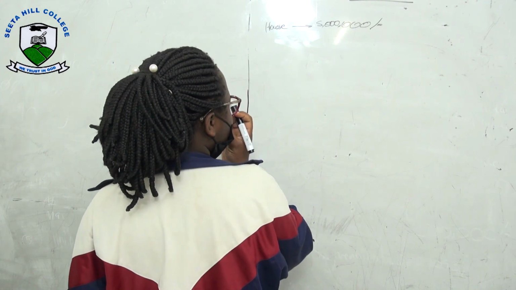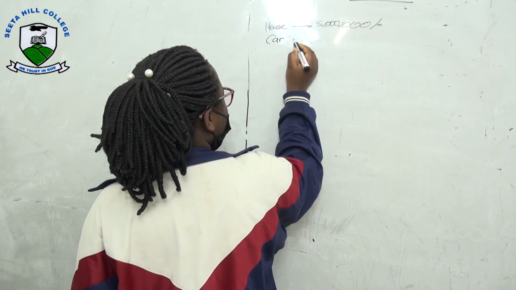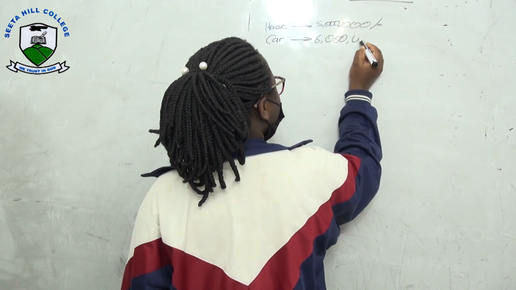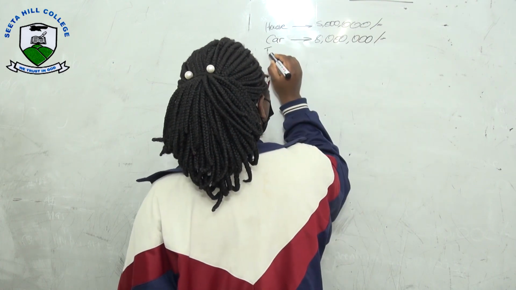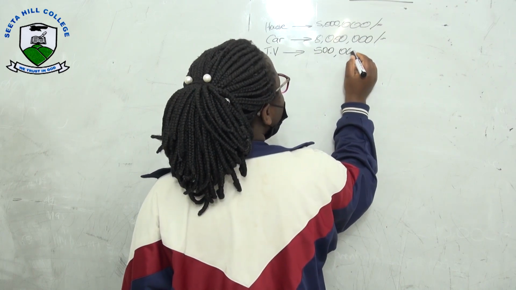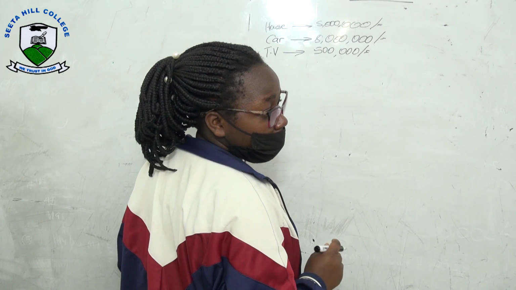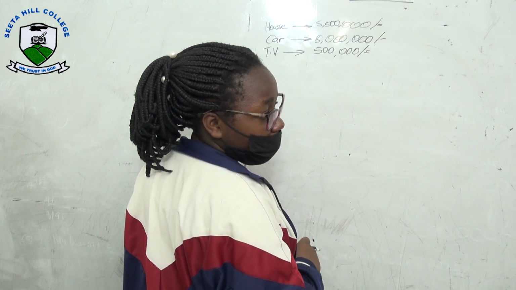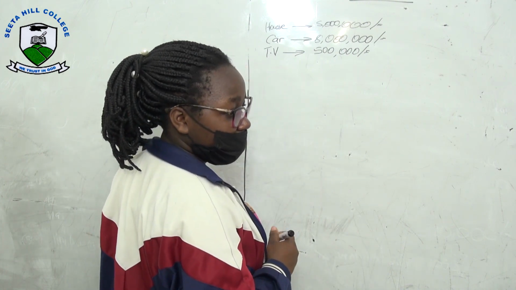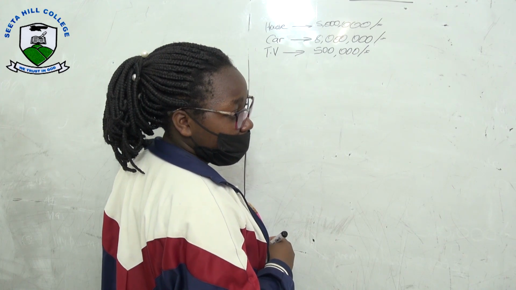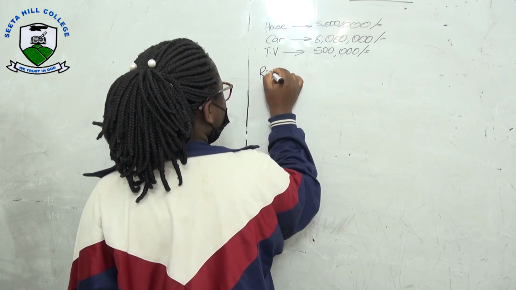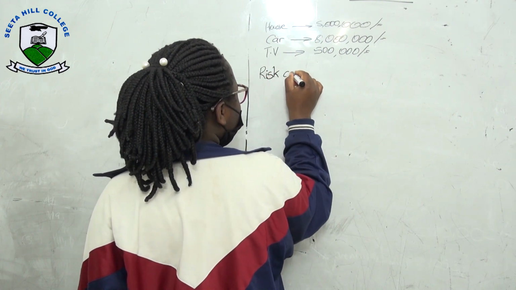He also wants to insure his house valued at 8 million, his television valued at 500,000, and he also takes all the risks cover on the items in the office at shillings 800,000.